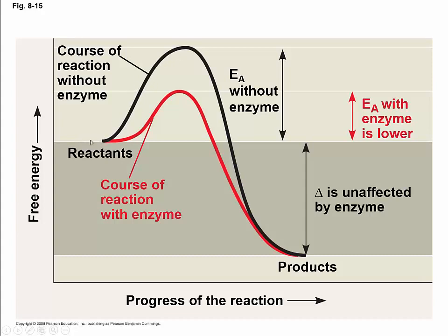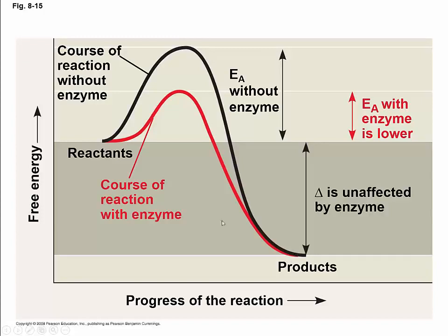So we've got our reactants at this level of energy, but we need to add this much energy in order to get our reaction going. So without the enzyme, this is the example of how much energy we would need. Once we get to this point, the reaction will proceed and we'll get our products.